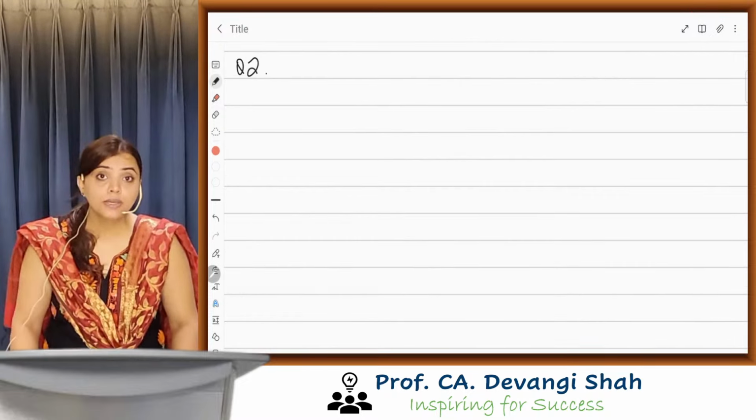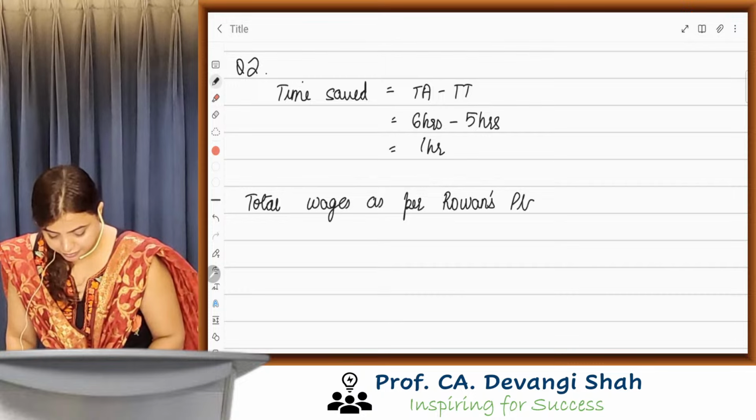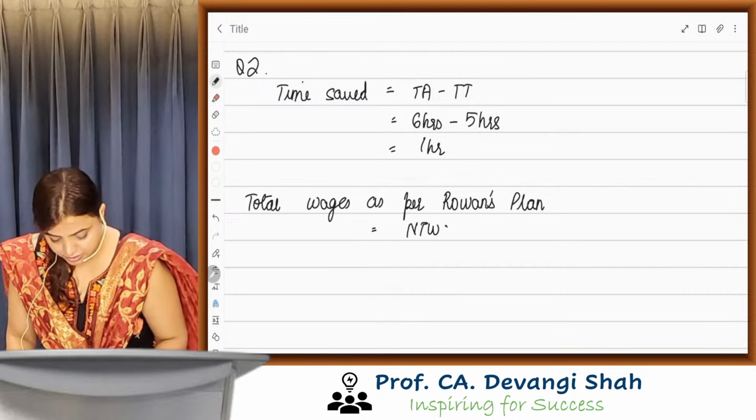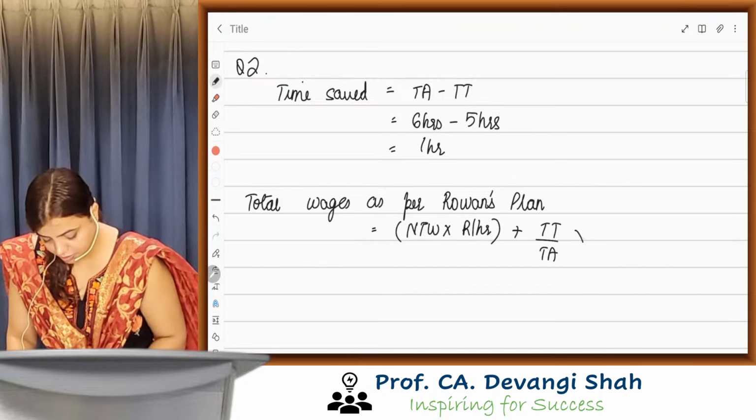And now we can easily find out the total wages as per Rowan system. So let's do that. Total wages as per Rowan's plan is normal time wages into rate per hour plus time taken upon time allowed into time saved into rate per hour.